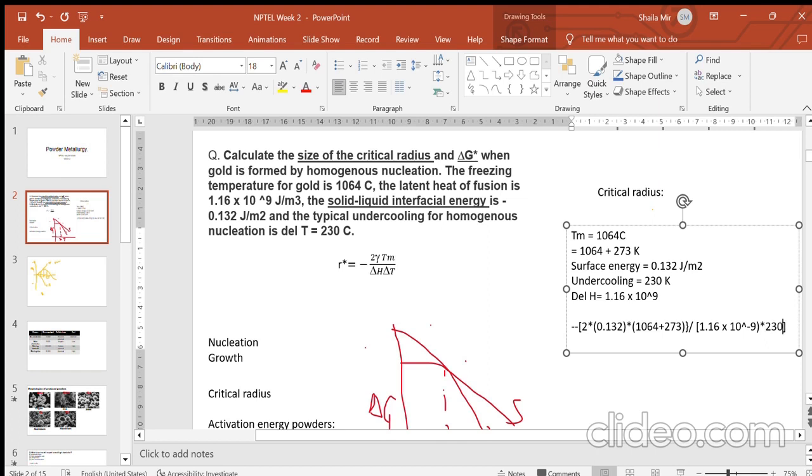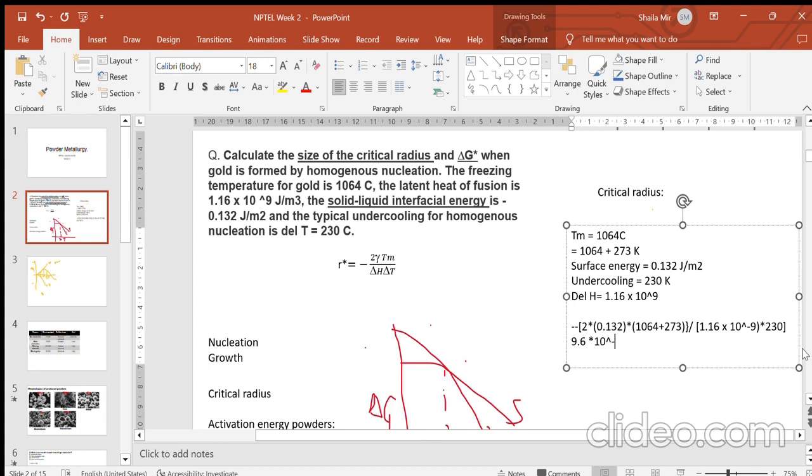So this will be your critical radius. So I think the answer is 9.6 multiplied by 10 raised to power minus 9.